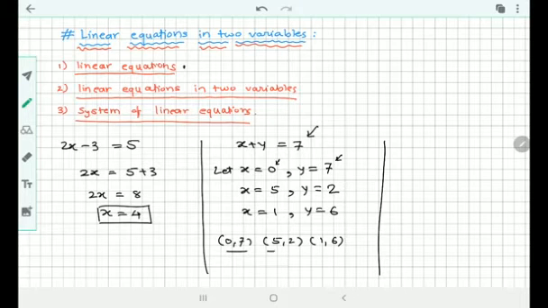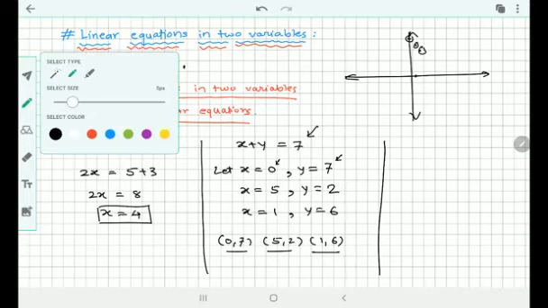These 3 points, when you plot them on the graph, you can easily understand. (0, 7), maybe I'll take that somewhere here. (5, 2), somewhere here. This is 2 and here is 5. And (1, 6), so 1 here and 6 over here.